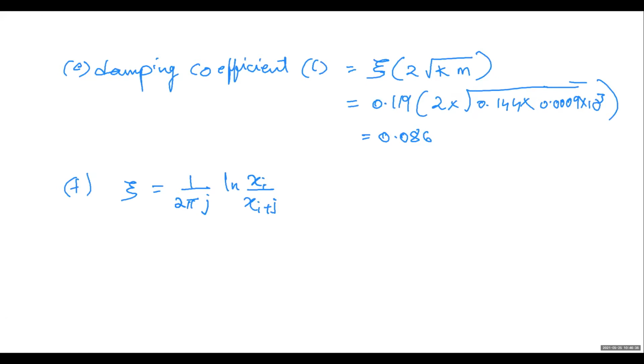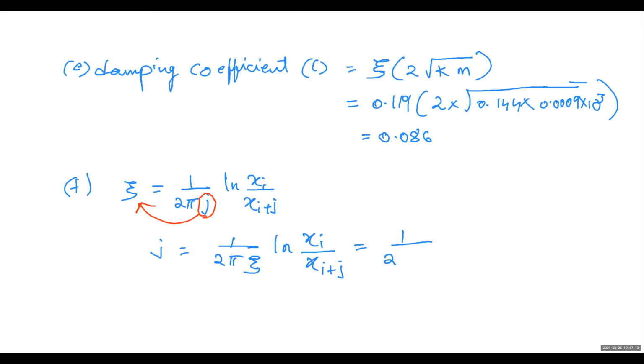Okay. So here you can take this j onto the left side, and then you can calculate the j value. So this is going to be 1 by 2 pi, xi ln of xi by xi plus j.